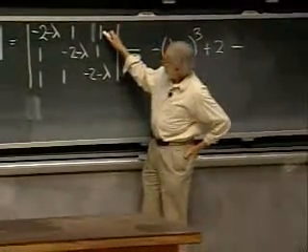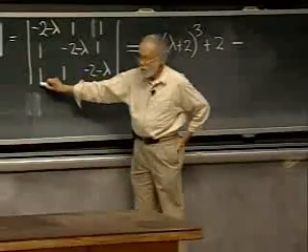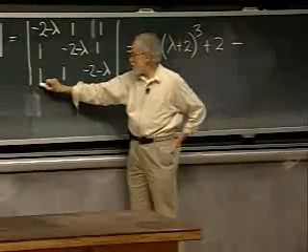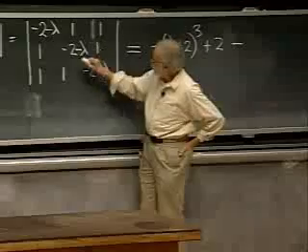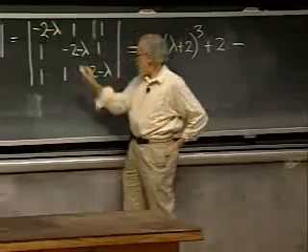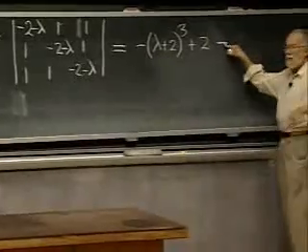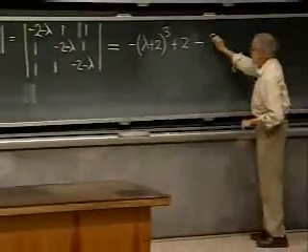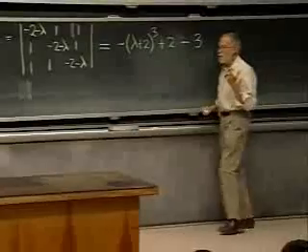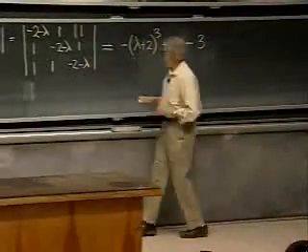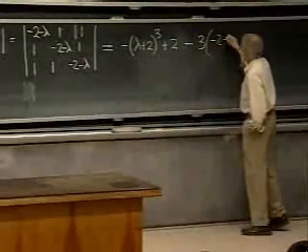What does each one of them come to? Well, this is minus 2 minus lambda when I multiply those three numbers together. And so are the other guys. This is 1 times minus 2 minus lambda. Same thing. So there are 3 of them, minus because they're going this way, minus 3 because there are 3 of them, and what each one of them is negative 2, negative lambda.